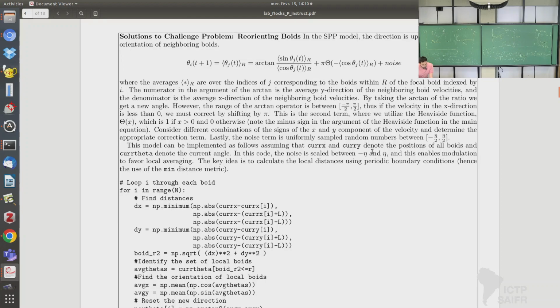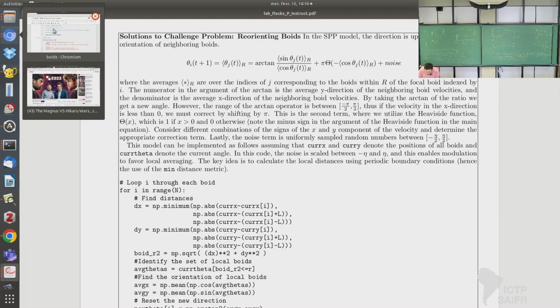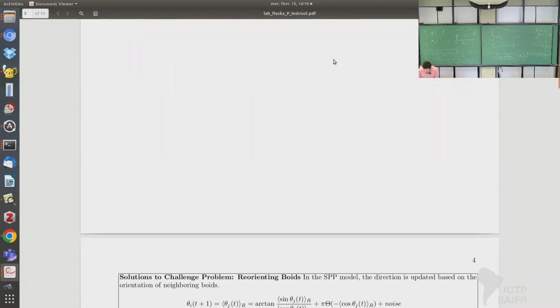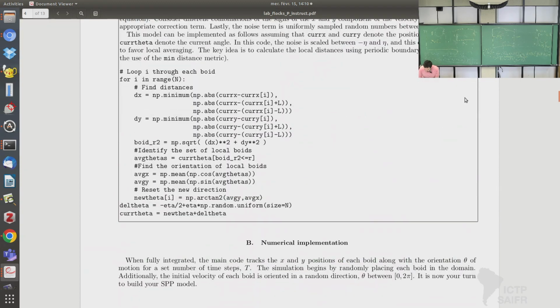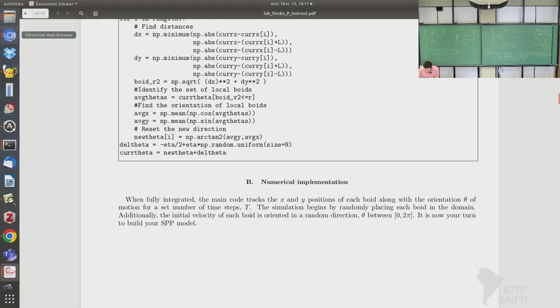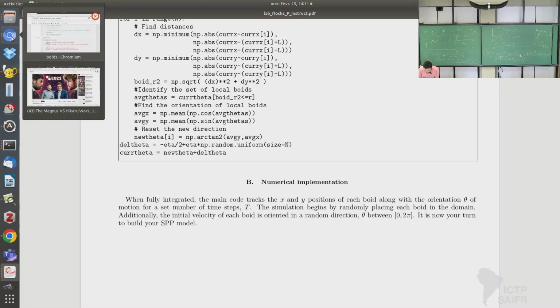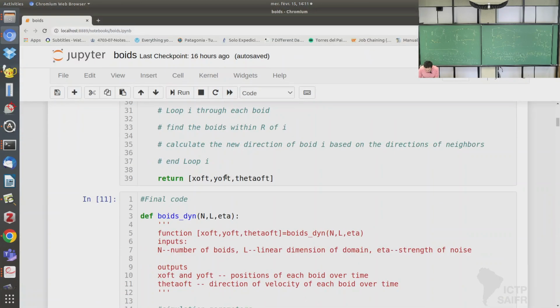So I will actually upload the solutions in the Google Drive. Let me actually show you though a little bit of the whole code.